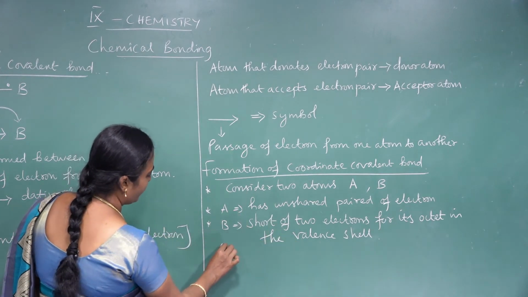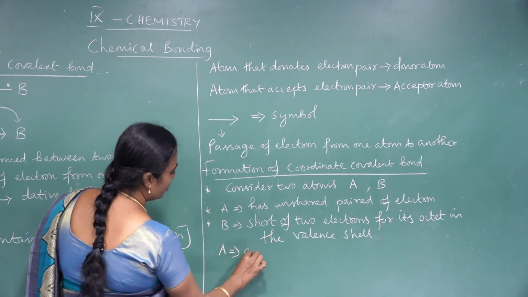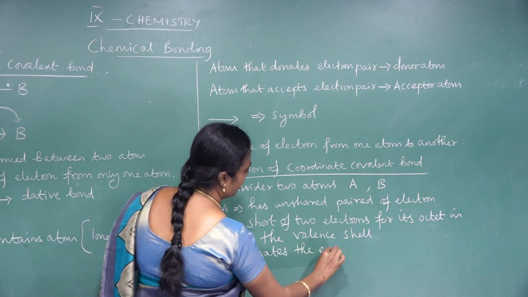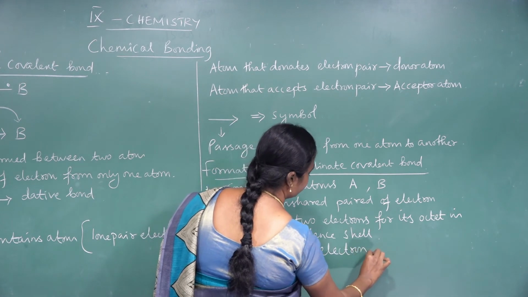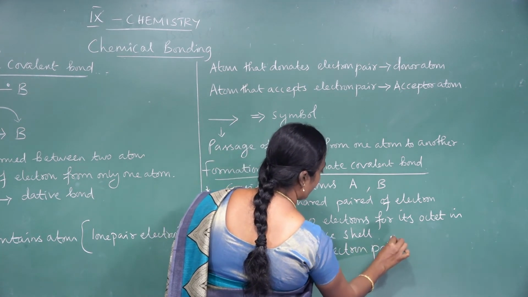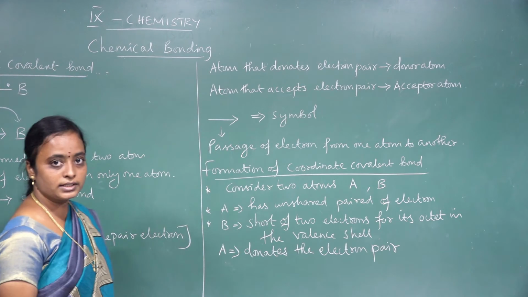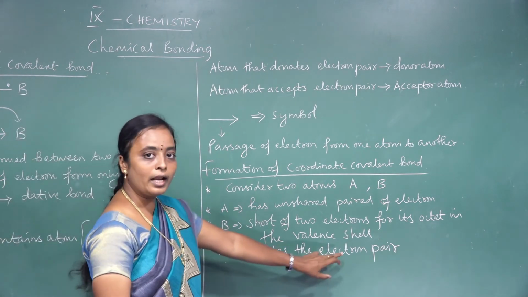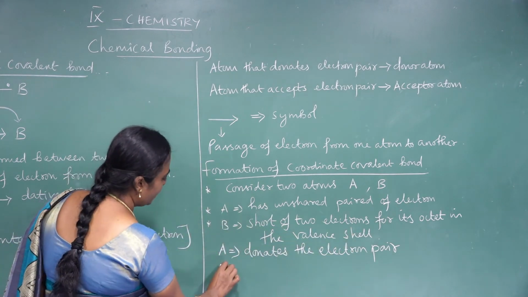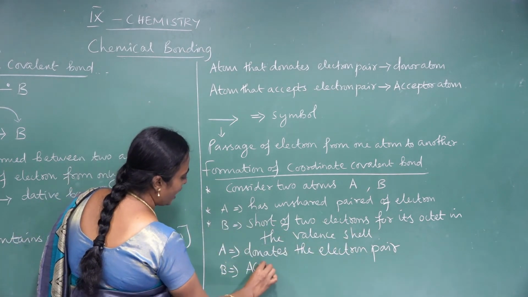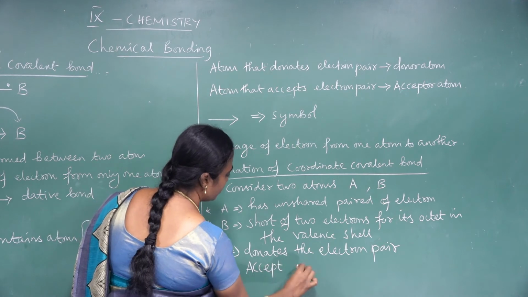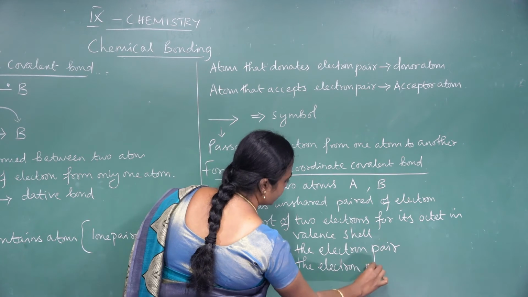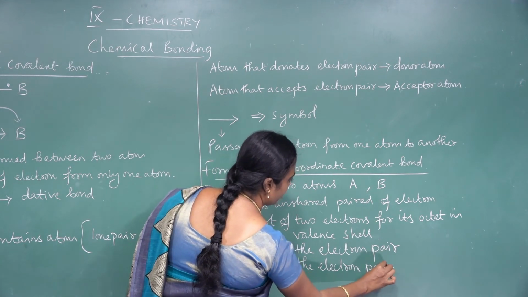So next what happened? A donates an electron pair. Now I am explaining how that coordinate covalent bond is formed. So the A atom donates an electron pair, whereas B should accept the electron pair.